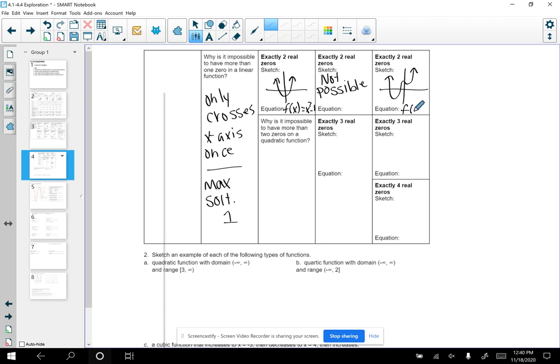So we can go ahead and write this in intercept form, and the intercepts don't really matter. The ones I'm just going to use are negative 4, so x plus 4, negative 3, so x plus 3, and then I have 2 imaginary solutions, so I'm going to write x minus 1 squared.